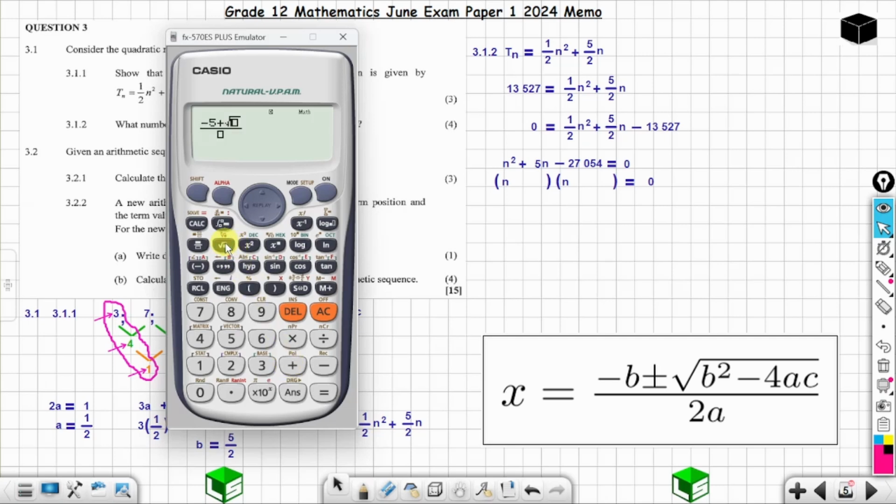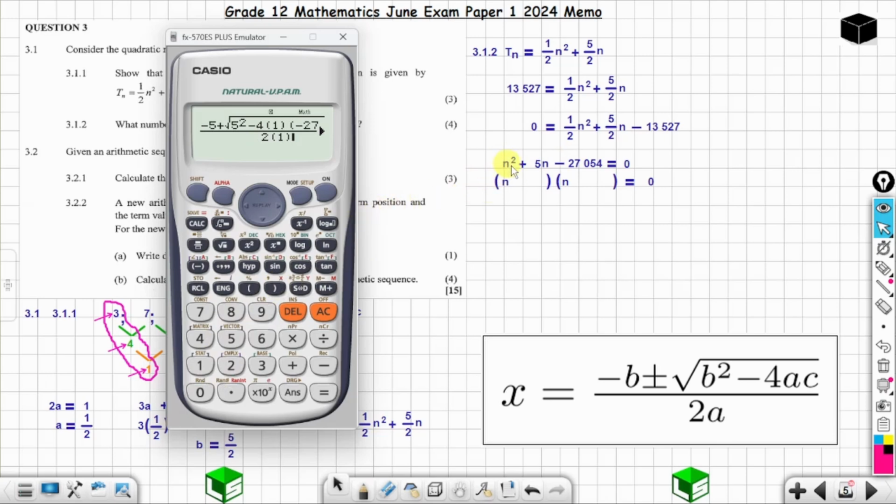Square root of b squared minus 4 times a, which is 1, times c, which is negative 27,054, over 2a, which is 1.